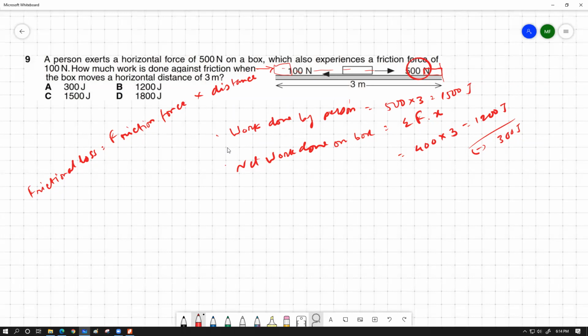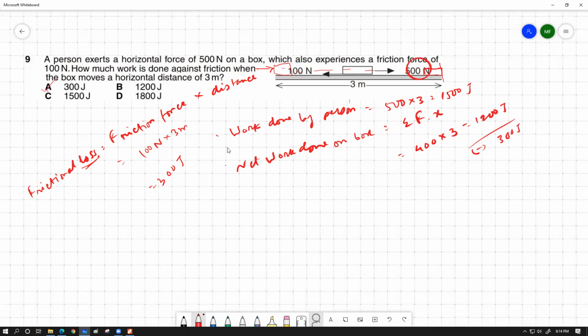Because of this reverse direction, we have used the term loss. If it was not working in the opposite direction, we would have gained net work done or positive work done. So here the friction is doing negative work, or in other words, it is actually taking energy out of the system. So the friction force is 100 Newton multiplied by the distance covered, that is 3 meters. So you have 300 joule as the loss due to friction. So the correct answer is A.